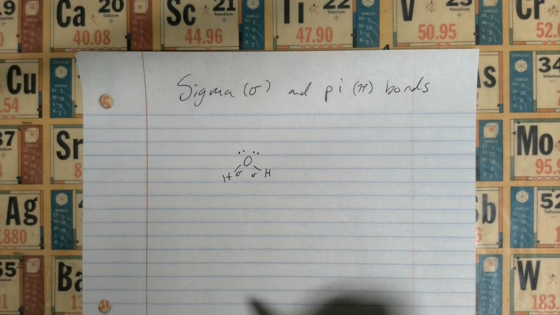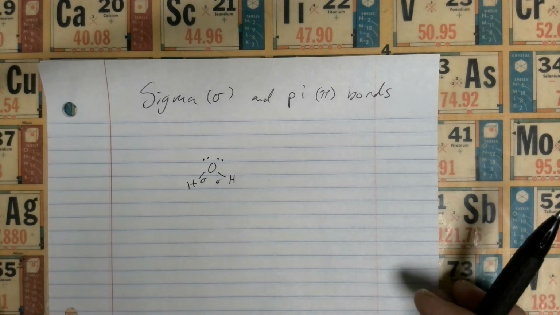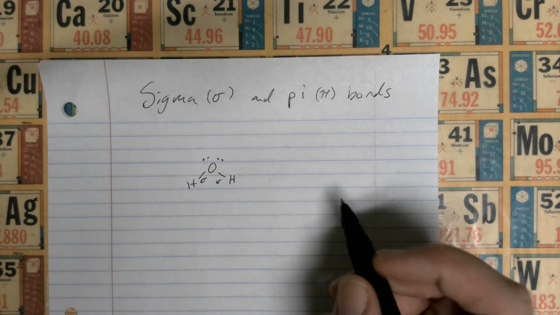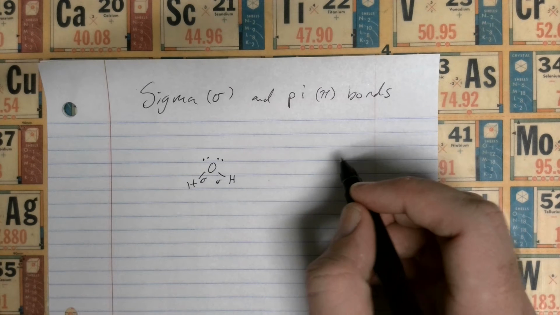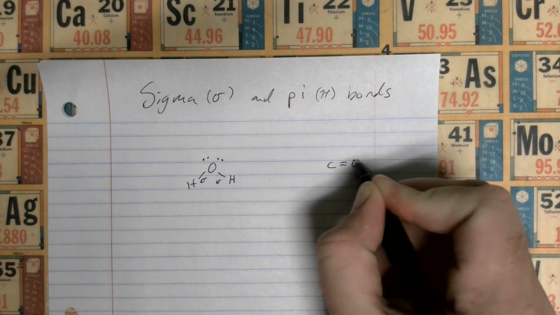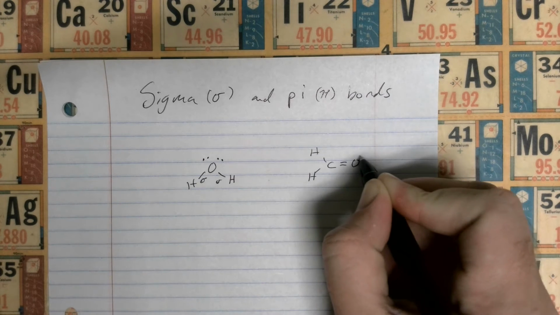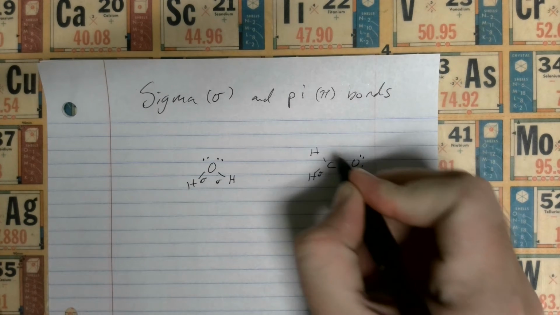The pi bonds come into play when we have something that has multiple bonds, like a double bond or a triple bond. So if we had, let's say, CH2O, where you have the double bond between the C and the O. The H and C bonds are sigma bonds.